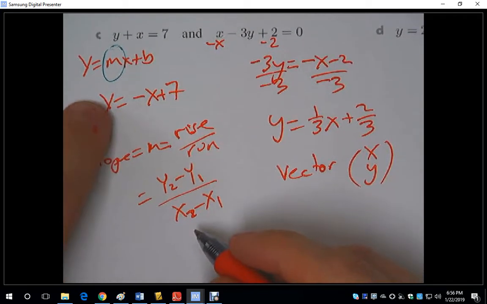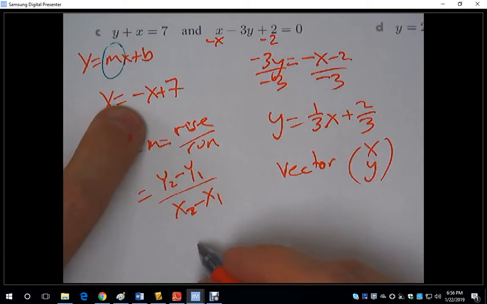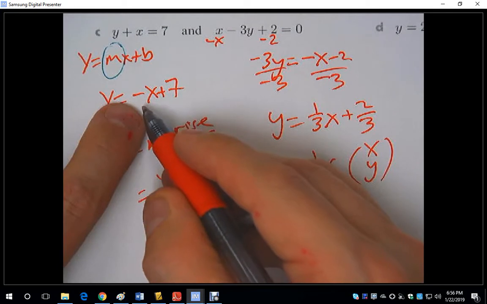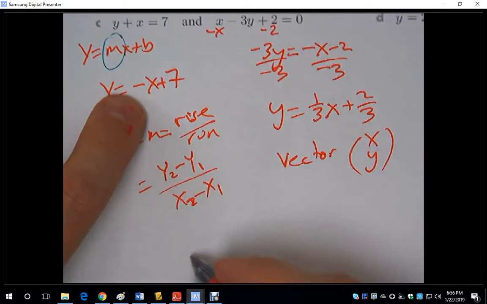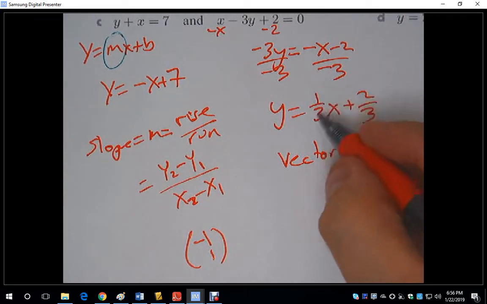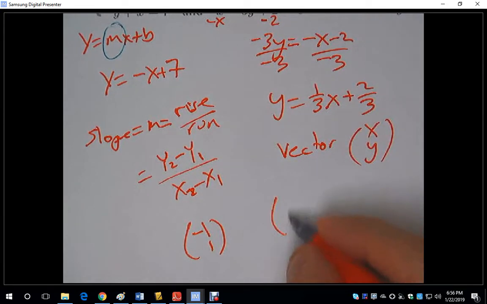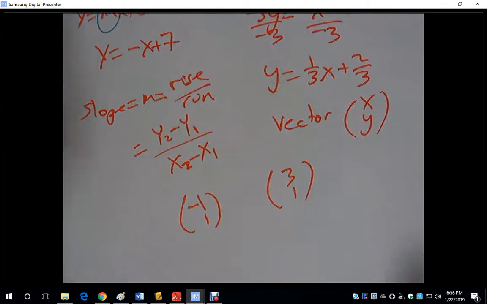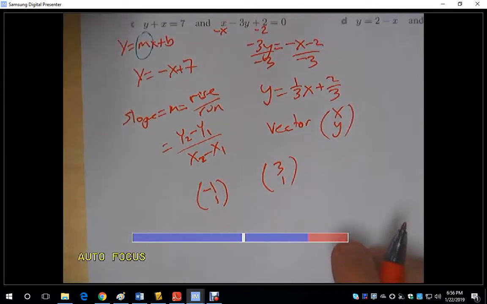So the vector for our first equation is going to be, well, our slope right now is what? Negative 1 over 1, or 1 over negative 1, it doesn't matter. So our vector then is going to be negative 1 over 1. For our other vector, if our slope is 1 over 3, or 1/3, then our vector then is going to be 3 over 1.